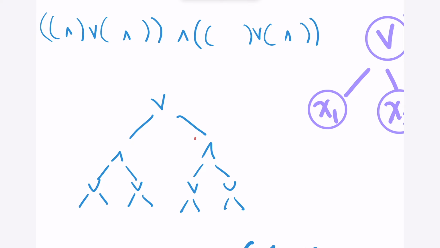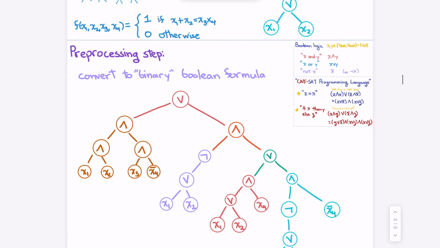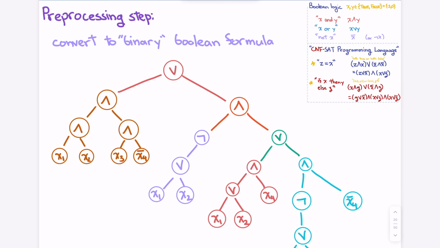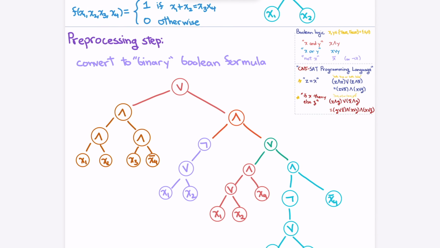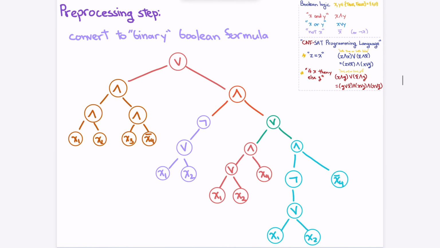Okay, so if that's not going to work, then what else could we try to do? Any ideas besides De Morgan's law?